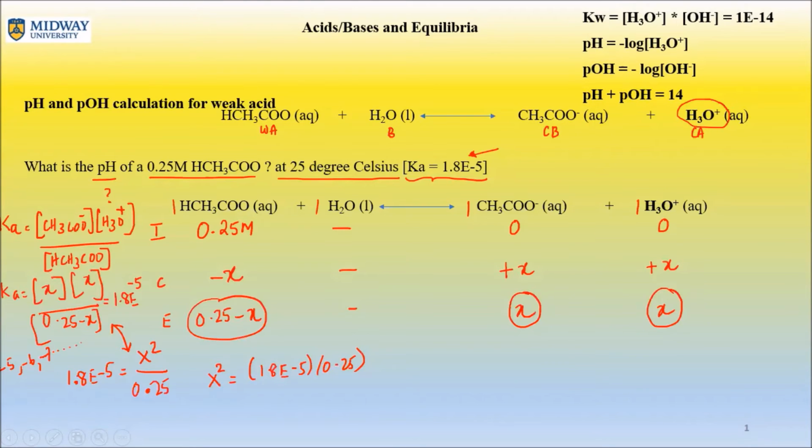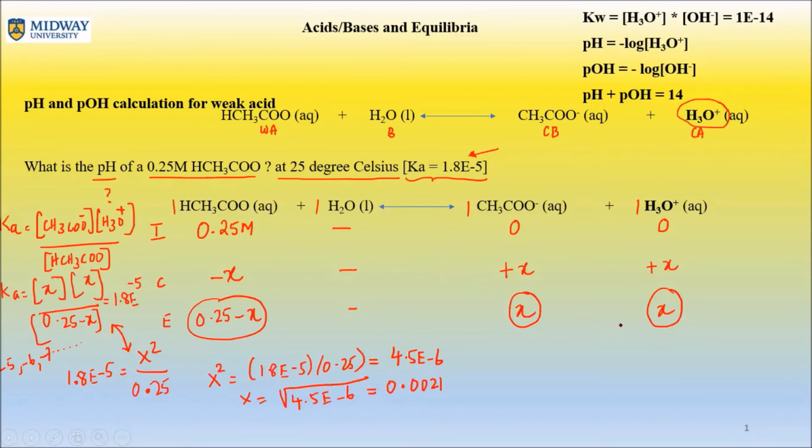Okay, so that's, and then this right here equals 4.5 e to the negative 6. So x equals the square root of 4.5 e to the negative 6, which would be 0.0021. Okay.